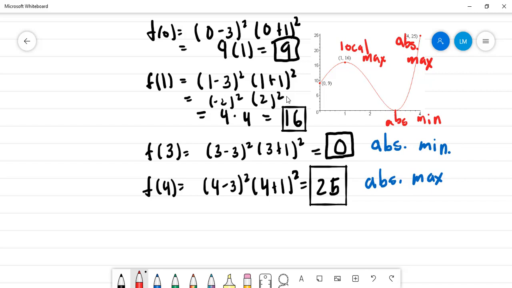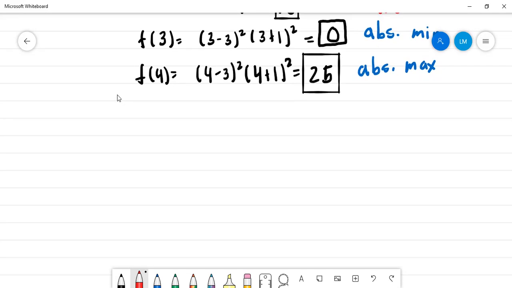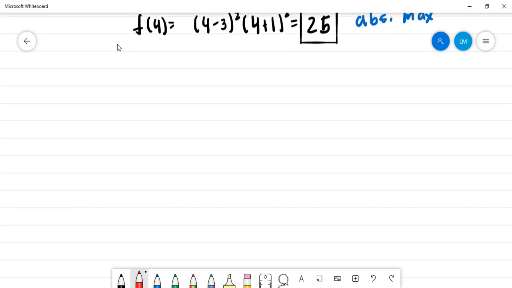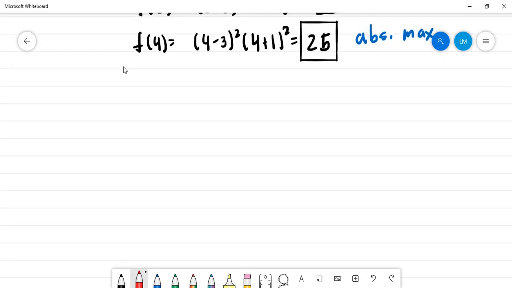Now, consider this though. If you had a problem where you were looking at a function, so like perhaps you had f of x equals 2x squared minus 2x.